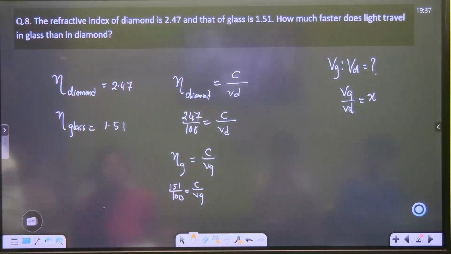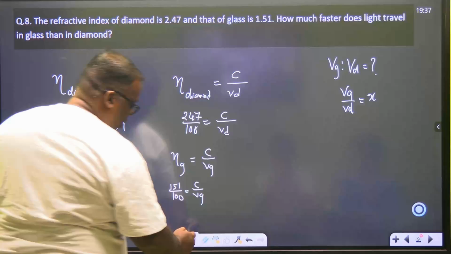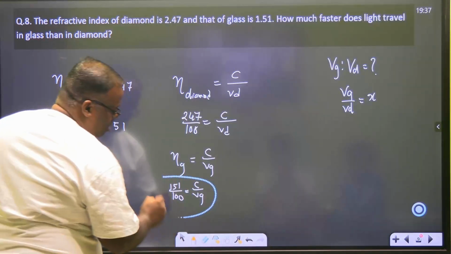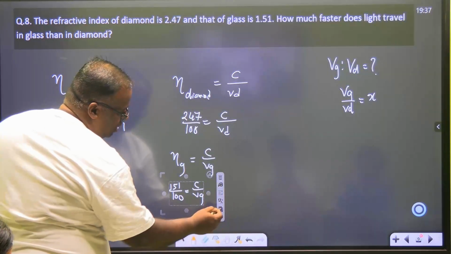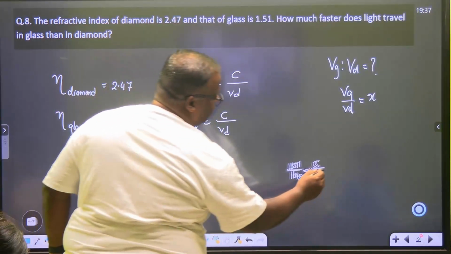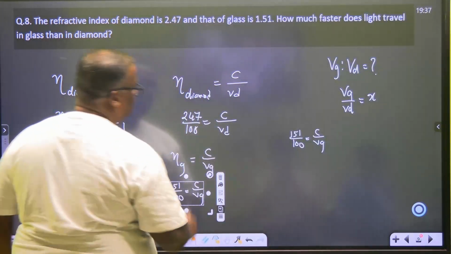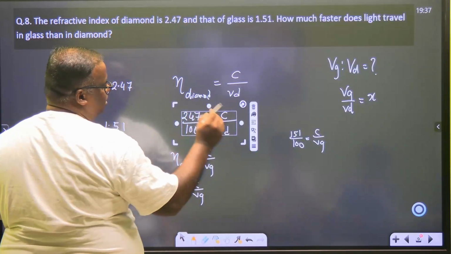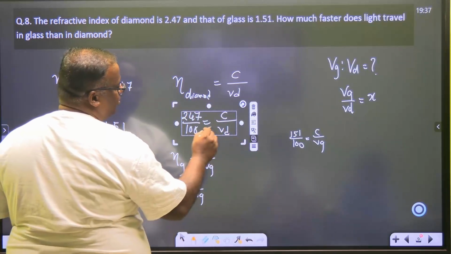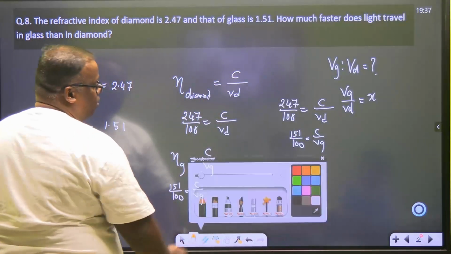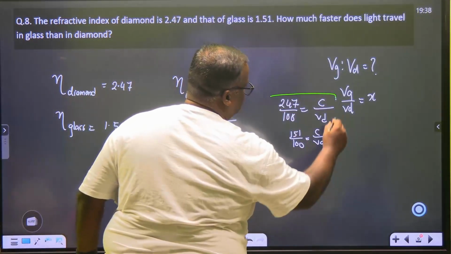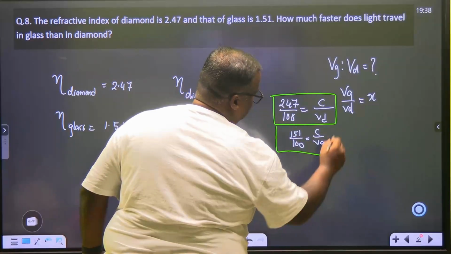All right, children. Now what I do, I'm cloning this equation, and I'm cloning this equation. These two equations I've cloned up. This is one equation and this is another equation.